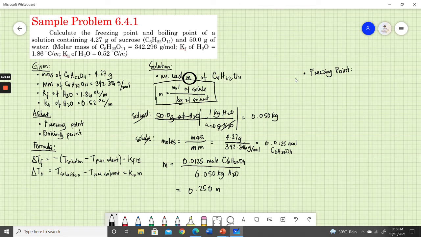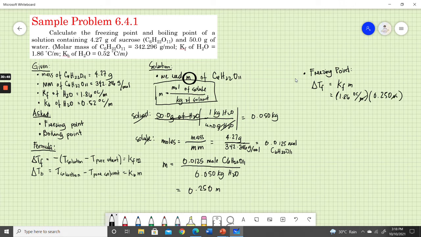Okay, so the change in the freezing point temperature is equal to the Kf multiplied by the molality. So the Kf is given, which is 1.86 degrees Celsius per molal, multiplied by 0.250 molal concentration of solute.